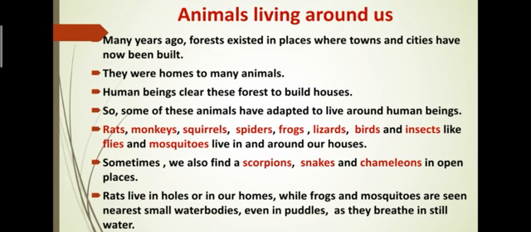Animals living around us. Due to urbanization, human beings are clearing the forest, so some animals have adapted to live around human beings in or around our houses, like rats, monkeys, squirrels, spiders, frogs, lizards, birds, and insects like flies and mosquitoes.